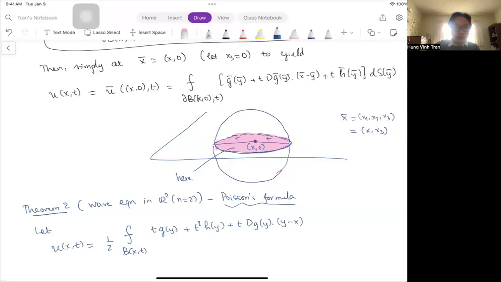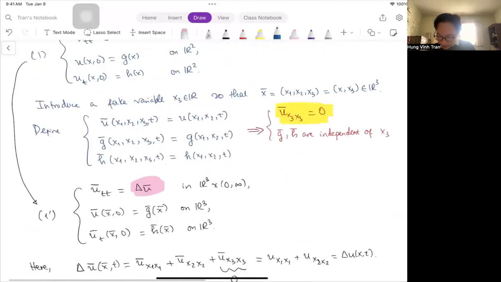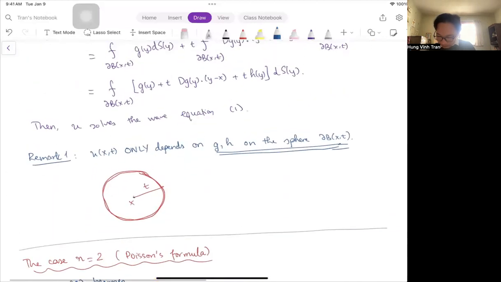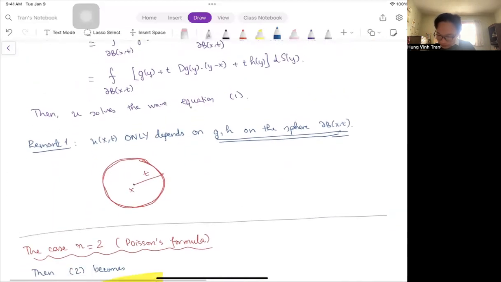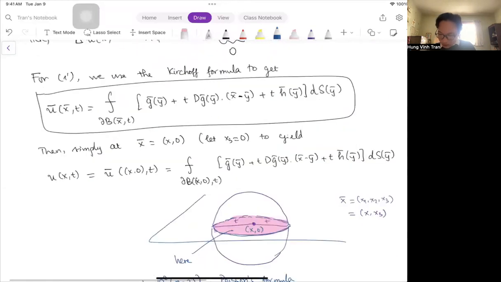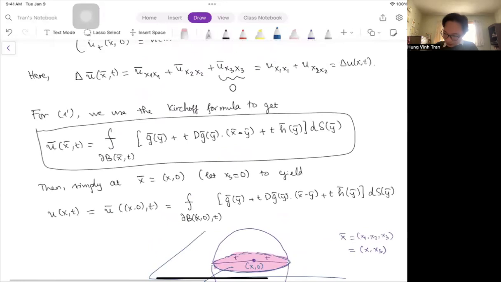Give me one second. I think I made a typo up here. Let me correct it. Oh yes, I made a typo here. It should be y minus x. I'm sorry about that.